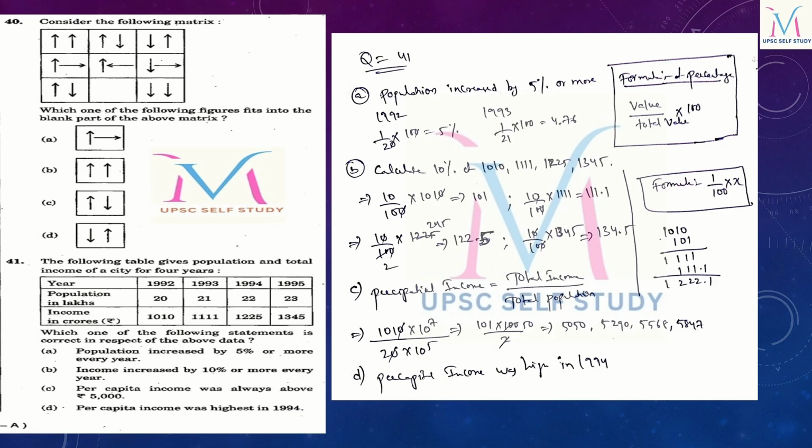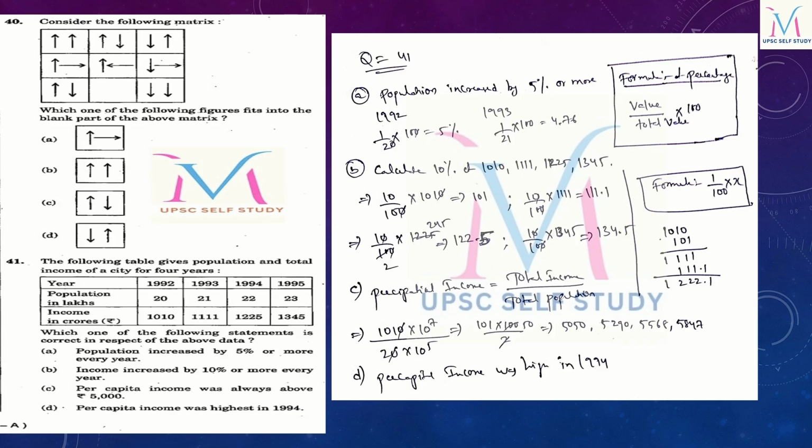Now coming back to question 41. This is a little lengthy question and the explanation should be given, so you have to listen. The following table gives the population and total income of the city for 4 years.